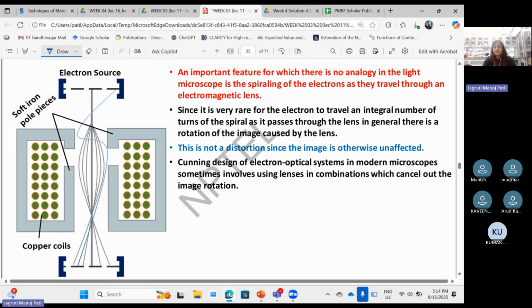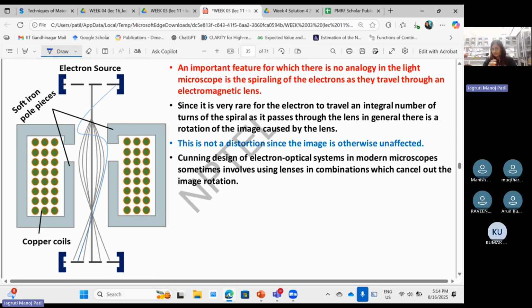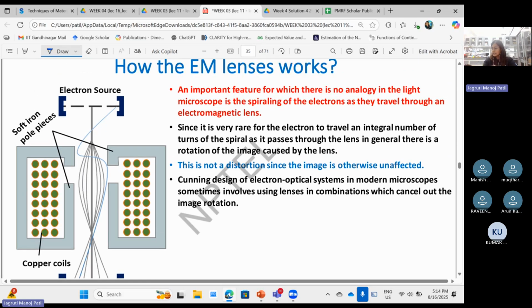Now, since electrons travel along this helical path, depending on how many turns they make through the helical ring, we don't know exactly whether the number of turns is an integral multiple or not.